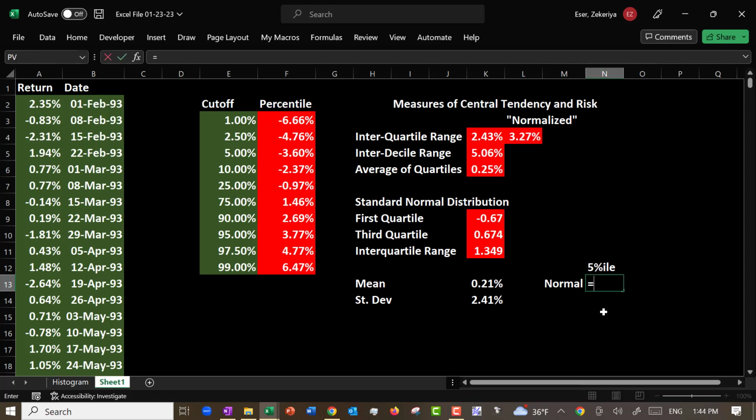I'm going to figure out what would be the fifth percentile for a normal distribution that has this mean and this standard deviation.